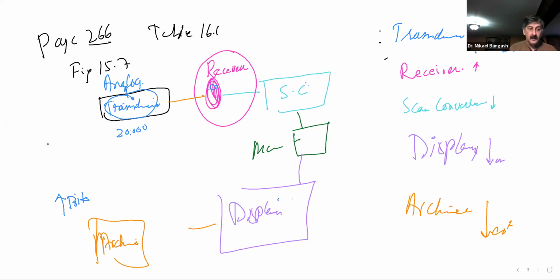Whereas, as the signal flows through the components, the number of gray shades is reduced by compression. The number of shades of gray is reduced from 20,000 to just, let's say, 20. Did you guys get that?